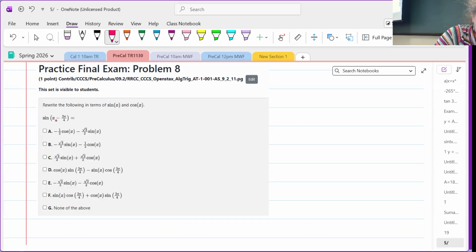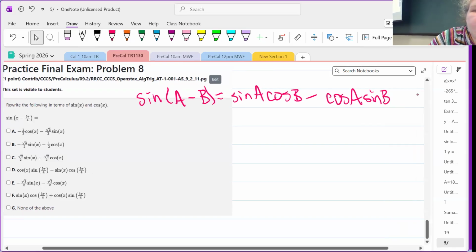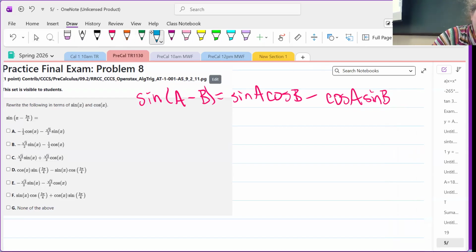Now this is a difference. So we would look up our sine sum and difference formula. So the sine of A minus B is sine A cosine B minus cosine A sine B. So when we're looking at sine of x minus 3 pi over 4, everywhere there's an A, I'm going to put an x.